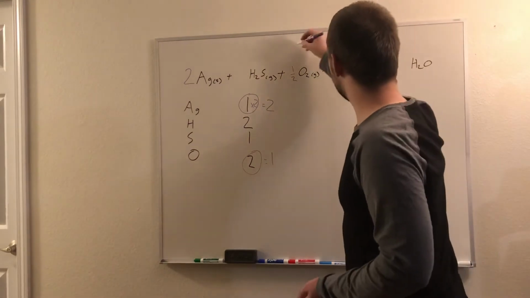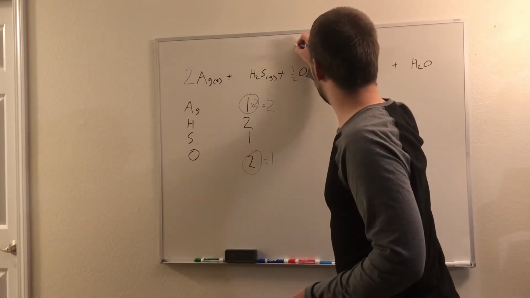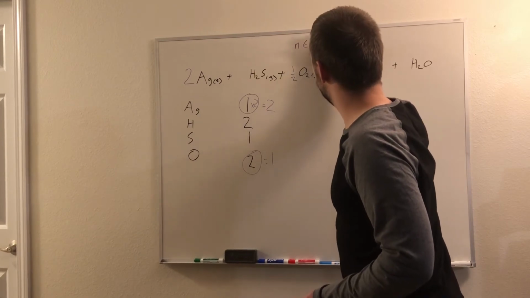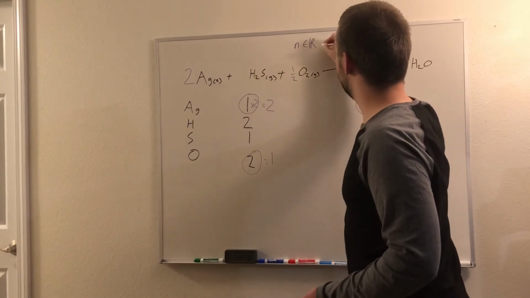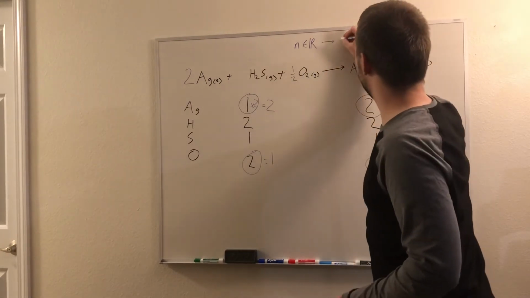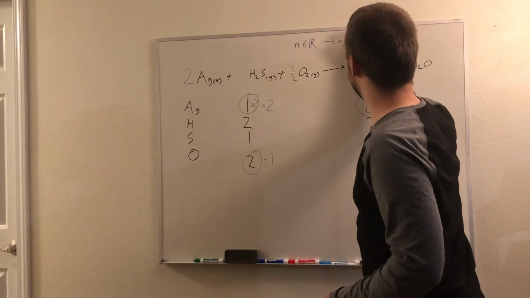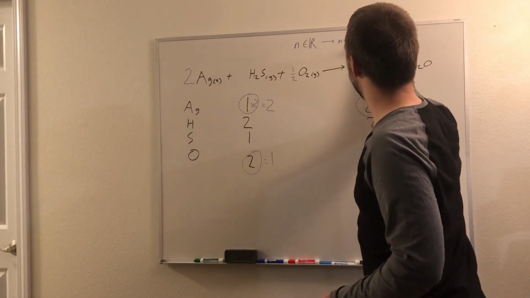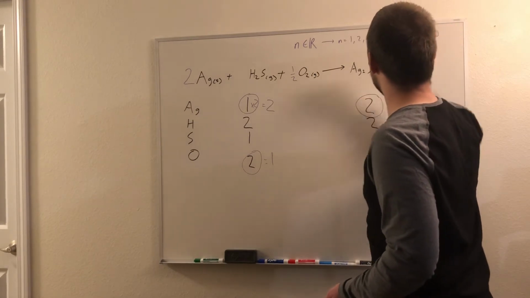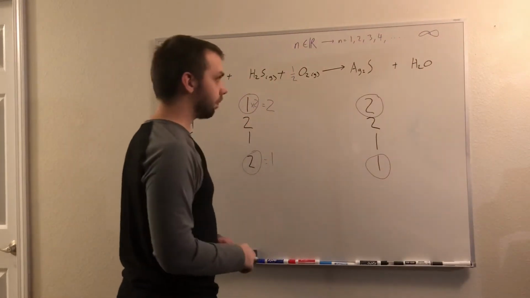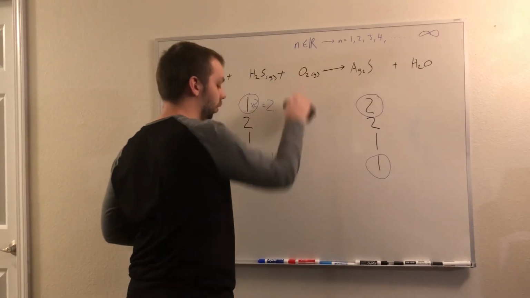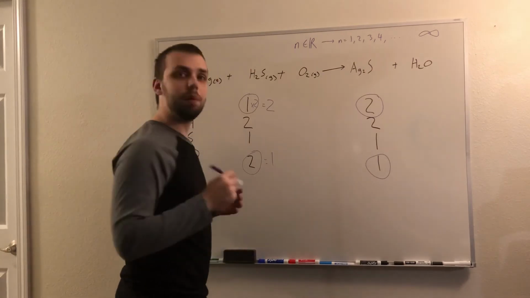I don't know if you've seen this in math, but you want to use n when n is over the real numbers. I'm just drawing an arrow; this isn't a reaction. That means n equals 1, 2, 3, 4, and so on out to infinity. It can be any of those numbers. So let's do it in a way that has a whole number, I think that'll be more useful.